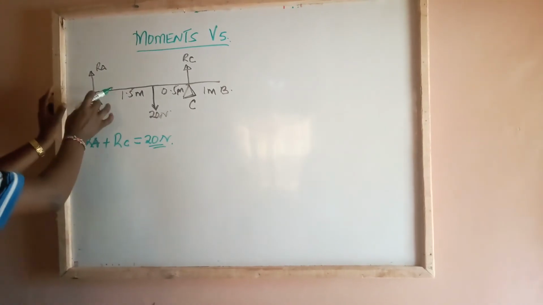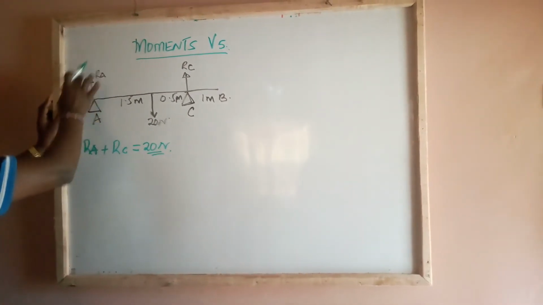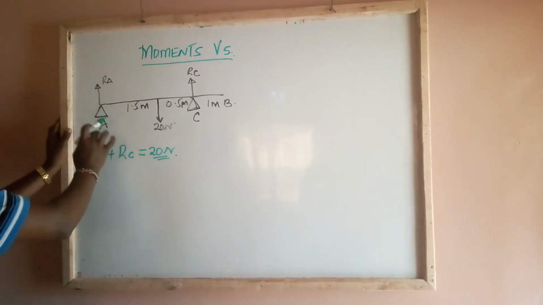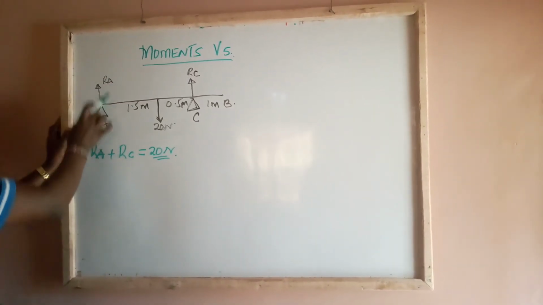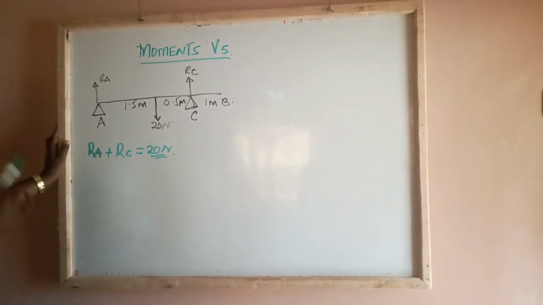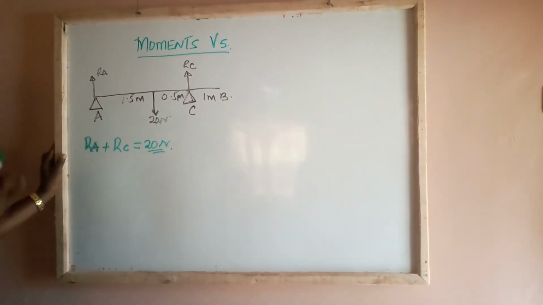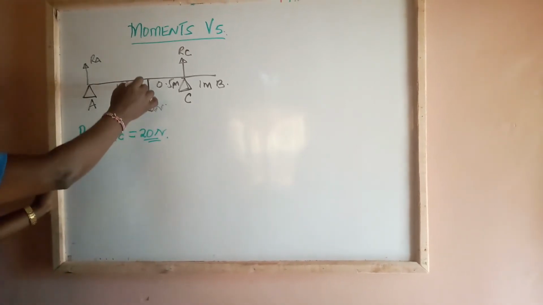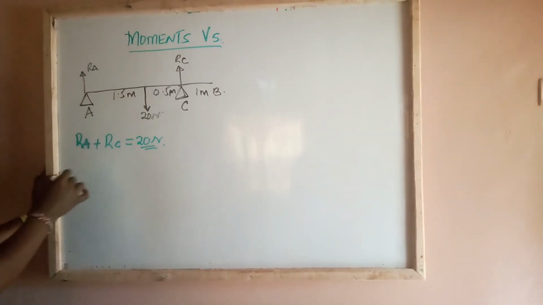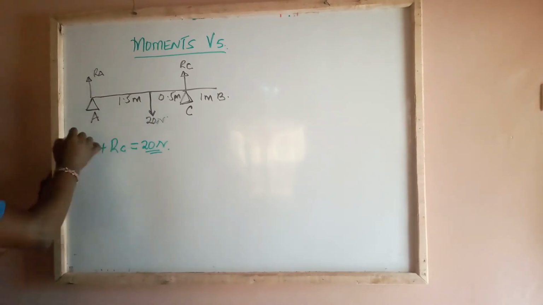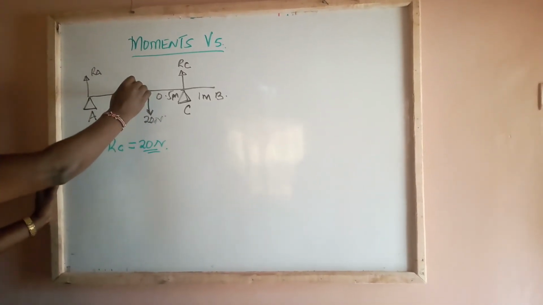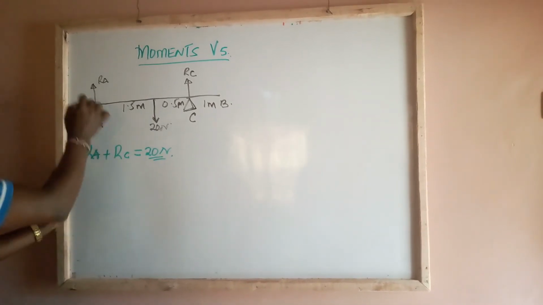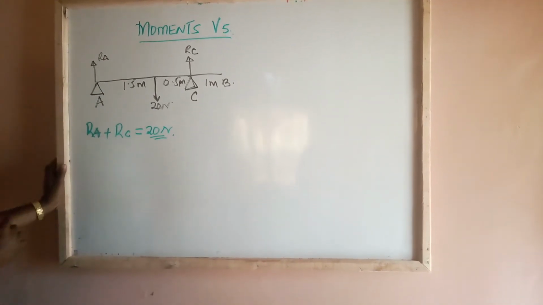And about point A, the reaction at A will have no effect, because RA is 0 distance or 0 meters from the rotating point. But of course, the 20 newtons will have its moment and it's going to be clockwise, because the 20 newtons is going downwards, so it will rotate this way about point A.